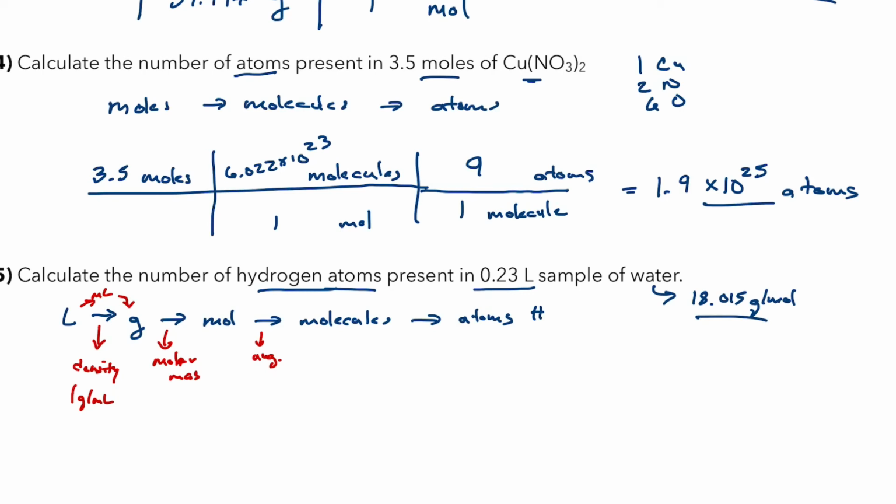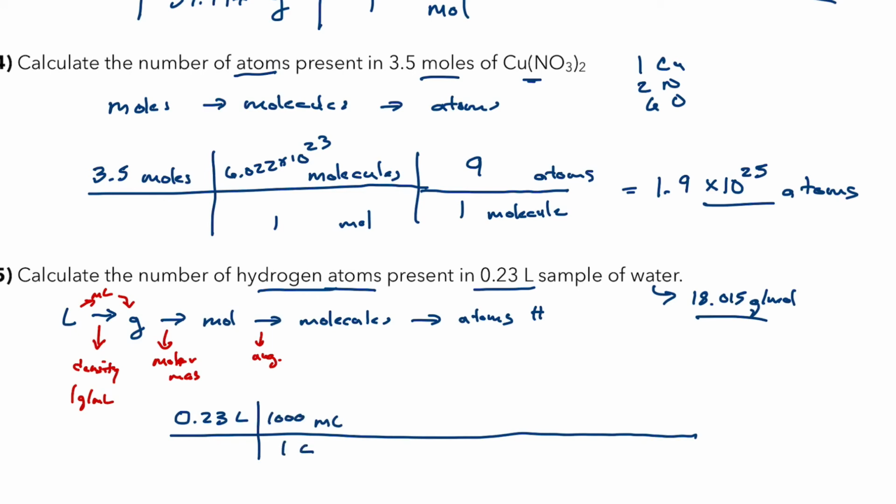Mole. Now let's set up the steps. So we need to go from, long train tracks here, 0.23 liters. I'm just going to draw this way out here. Let's convert it to milliliters first. 1,000 per liter. Then we just need to use the density of water.